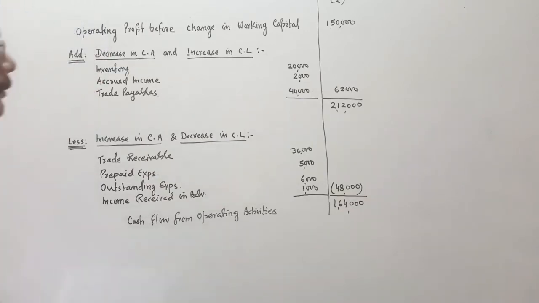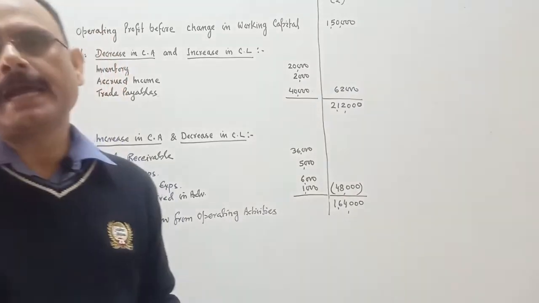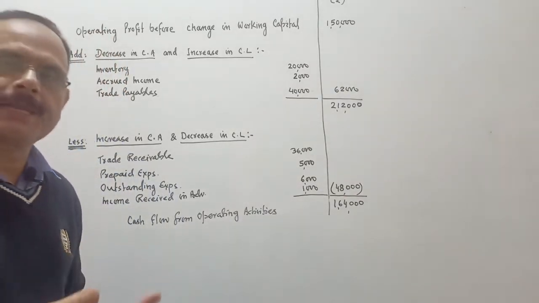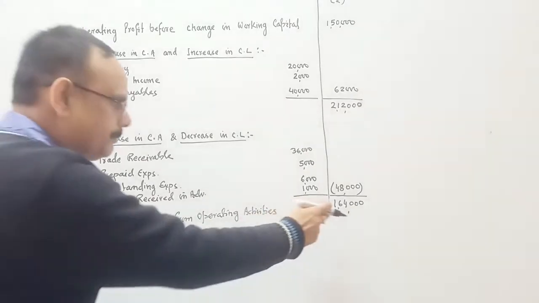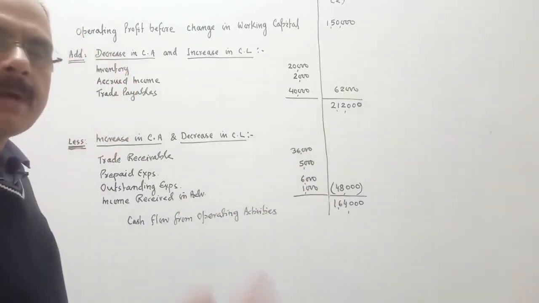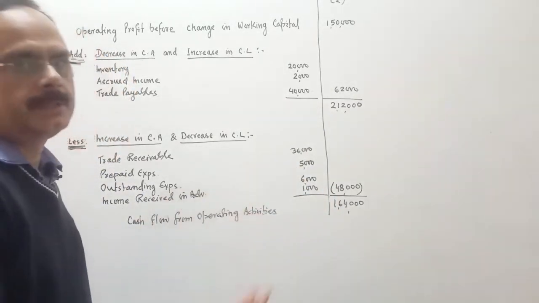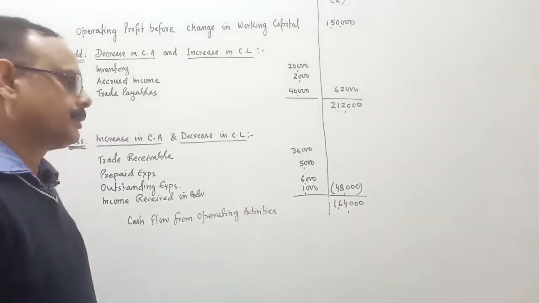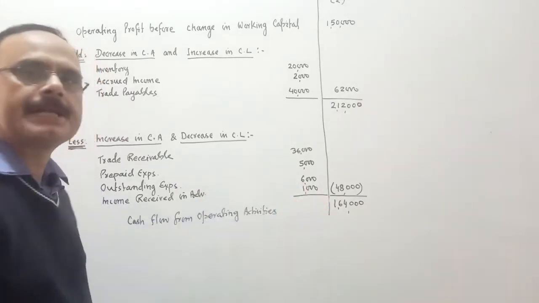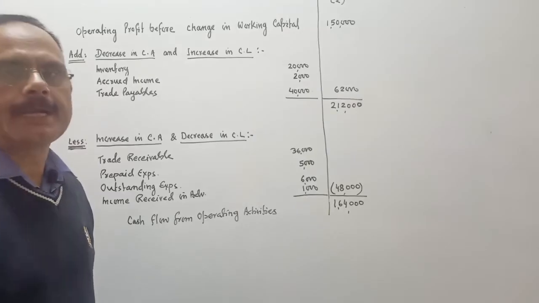It's a cash inflow from operating activities, because the figure is in plus. If the figure were in minus, then we would read cash used in operating activities.